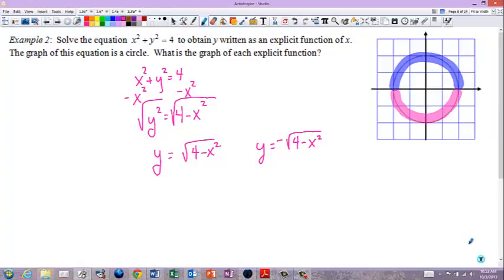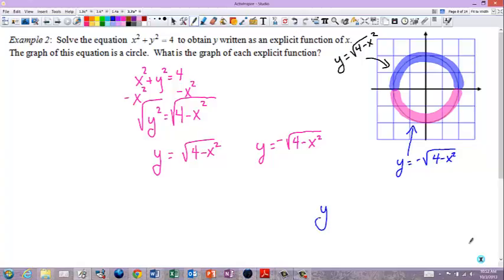Now, from here on out, the equation of a semicircle, the top right here, y equals the square root of 4 minus x squared, and on the bottom, y equals the negative square root of 4 minus x squared. AP expects you to know that. They put the equation of a semicircle on the no calculator part quite often, and you just need to know that that's the equation.